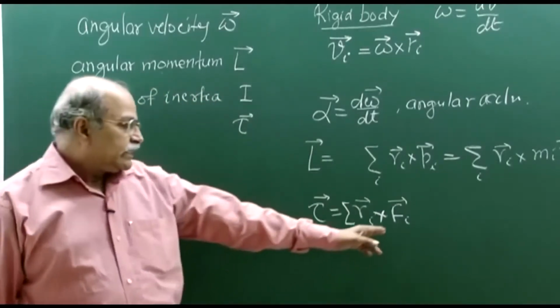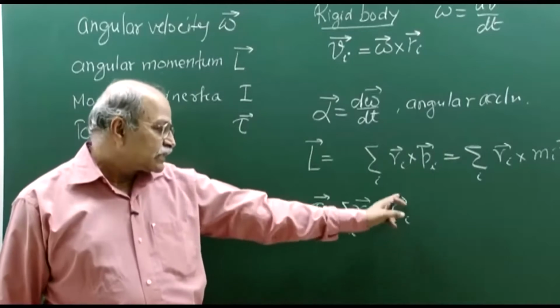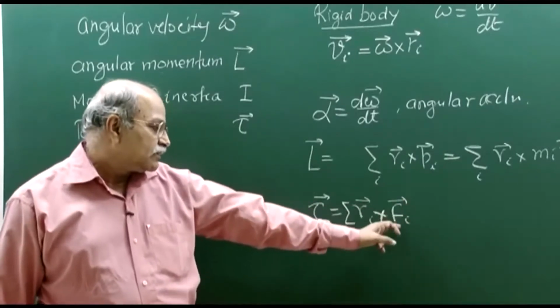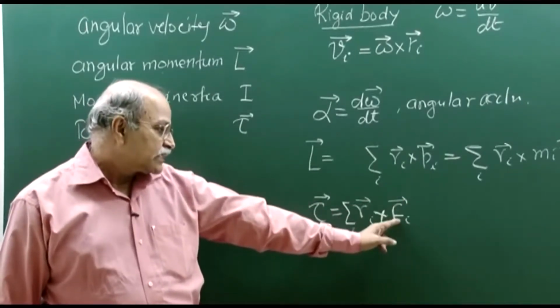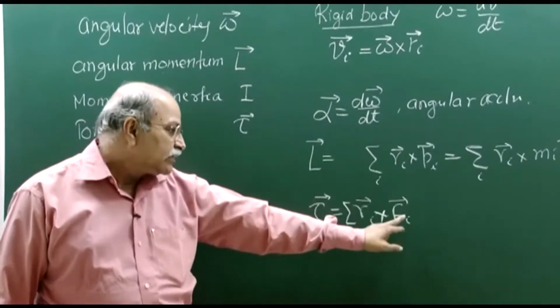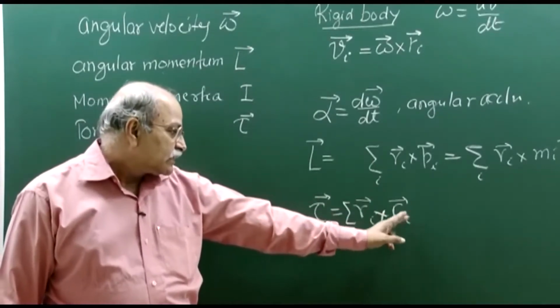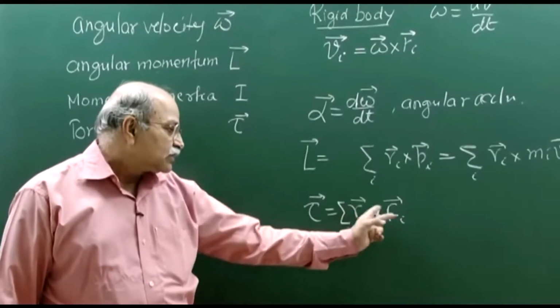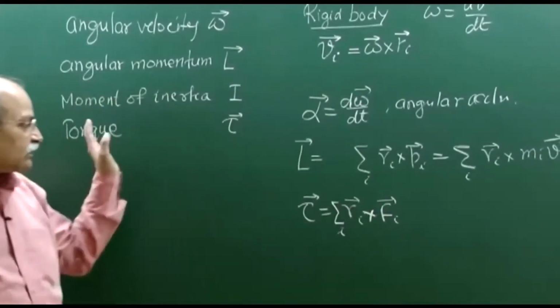So, essentially this i runs over the forces which are acting on the object, the external forces, and Ri is the position vector of the points where these forces are acting.